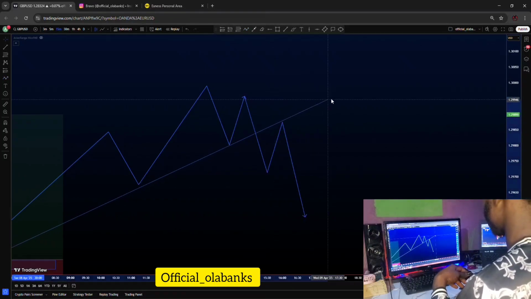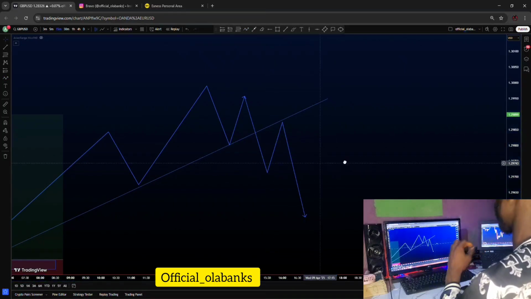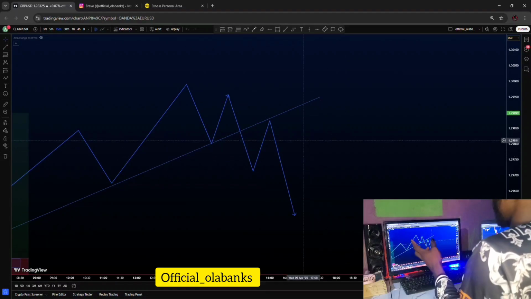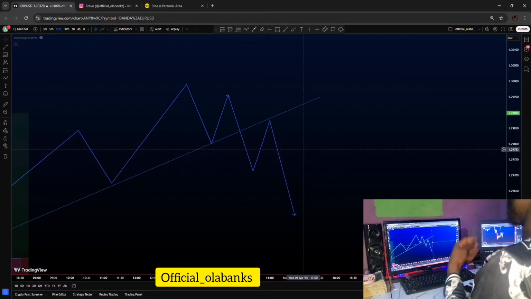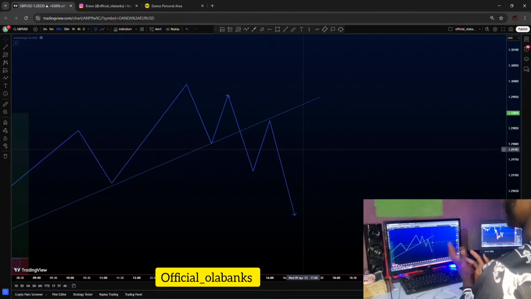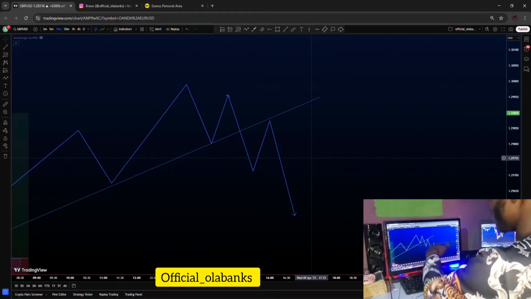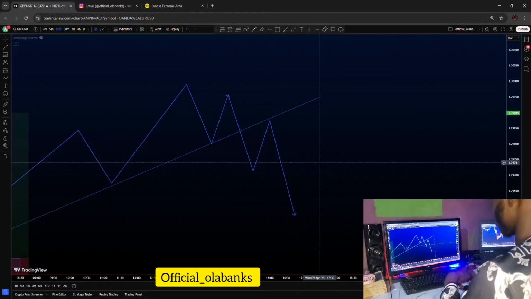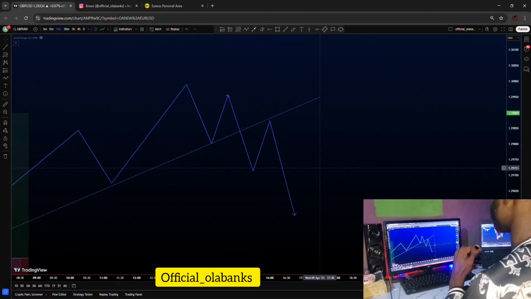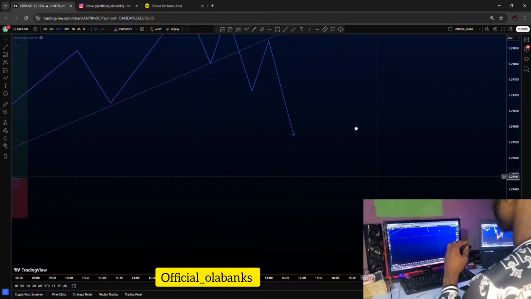This is a change in sentiment. The market was trending upward before, but now it is a sign of reversal, that the price wants to start selling. So let's quickly go to the chart.